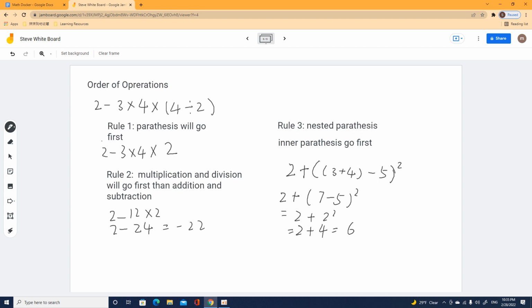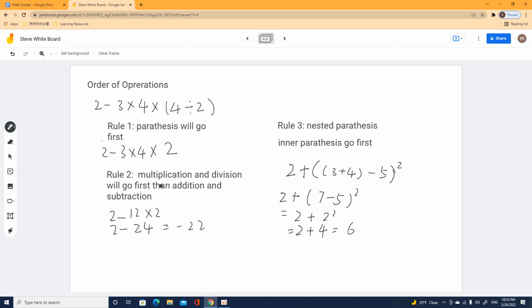Okay, so that is about order of operations. First remember, if there is a parenthesis in the expression, we need to calculate the parenthesis first.